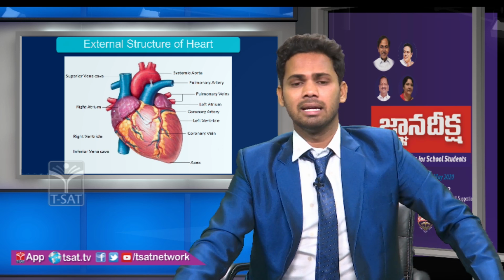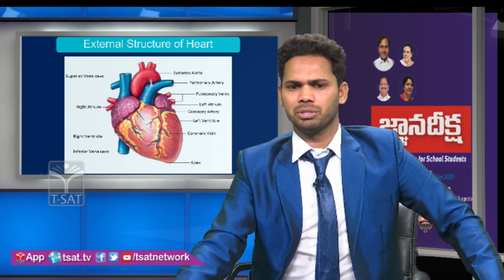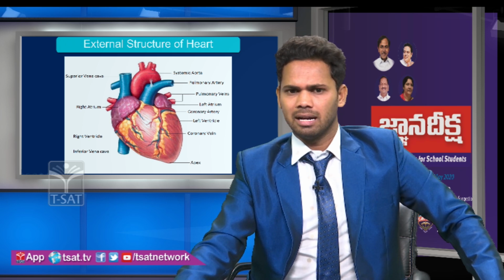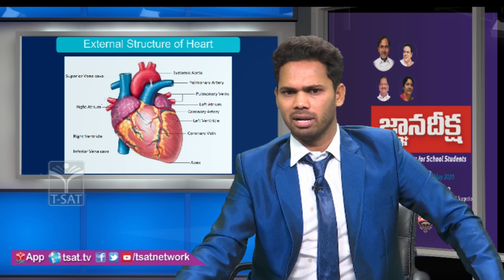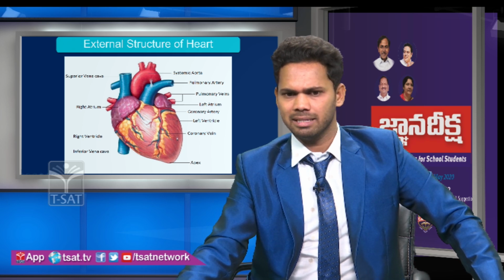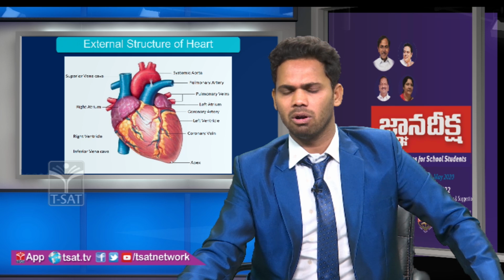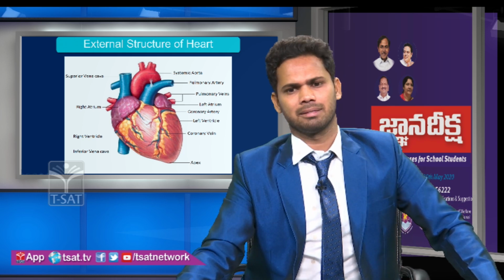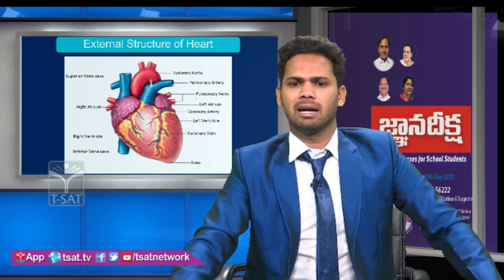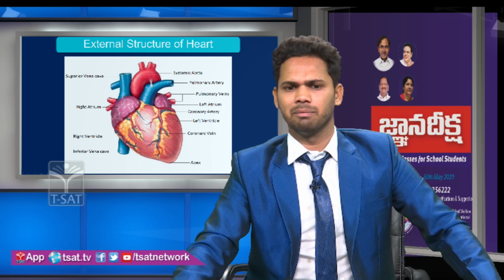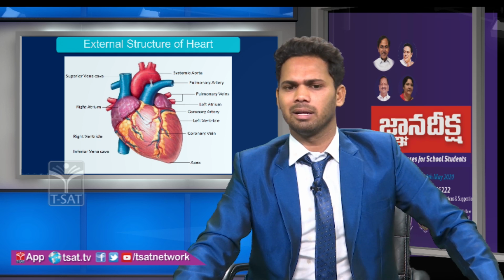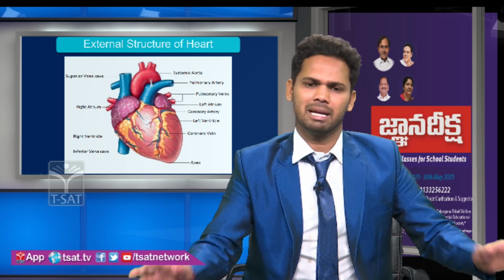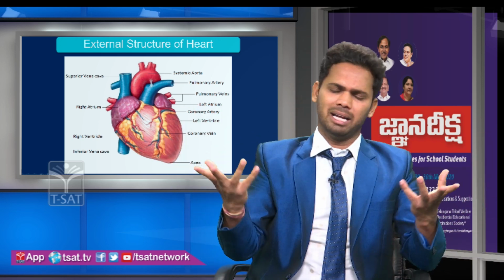Apex: just now I said anterior part, posterior part. Anterior part is what, children? The anterior part is broader. The posterior part is narrower. The posterior part is also called the apex. So, the coronary artery and coronary vein: the one I said is blue in color is the coronary vein, which collects deoxygenated blood from the heart, because the heart is also one of the organs.